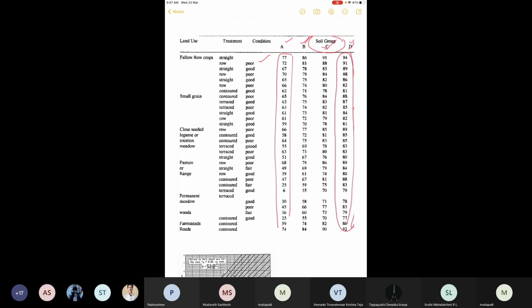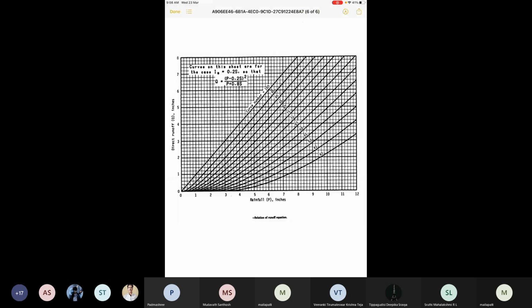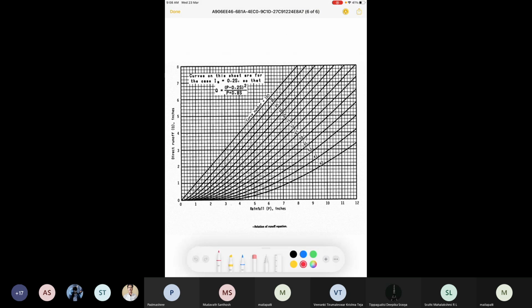You can also get these values from the curves. One is the rainfall, that is P, the precipitation in inches, and the other is direct runoff, Q. These graphs are available for different watersheds.